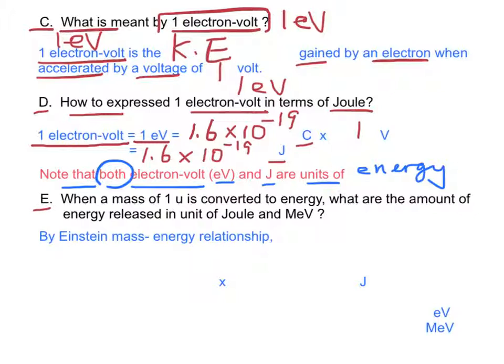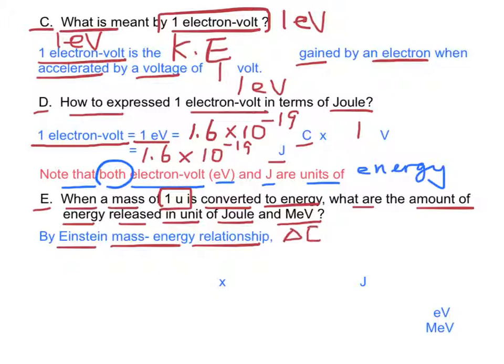Part E. When a mass of 1 U is converted to energy, what is the amount of energy released in units of joules and MeV? By Einstein's mass-energy relationship, ΔE equals ΔM times C squared.